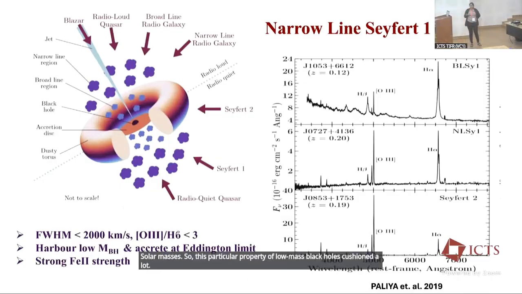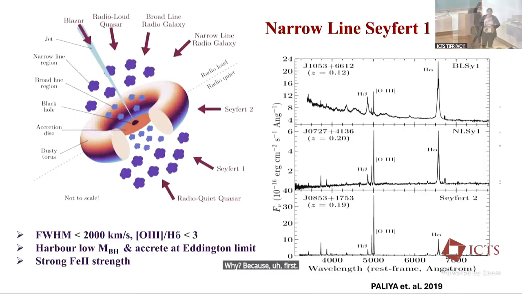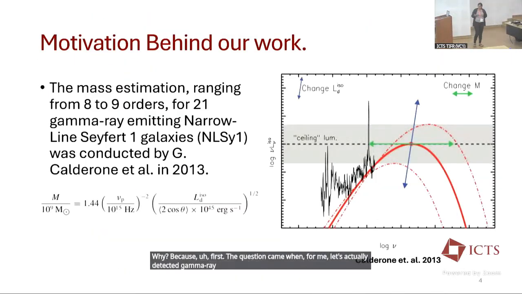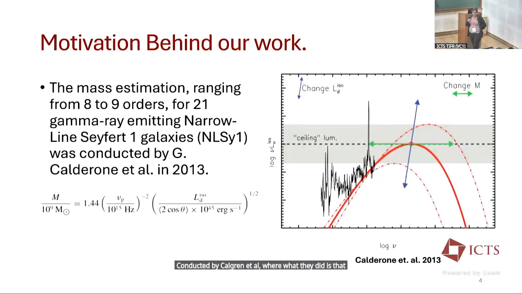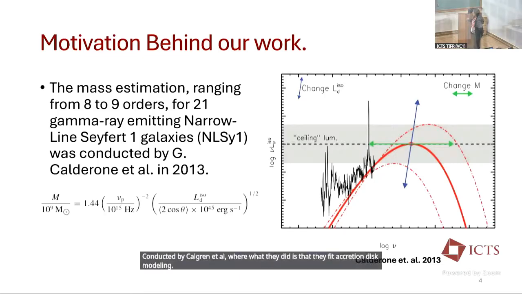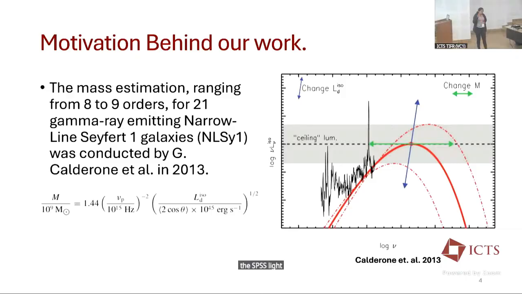Why? Because the question first came when Fermi-LAT actually detected gamma ray narrow line Seyfert 1 galaxies. The masses of this particular class, gamma ray emitting narrow line Seyfert 1 galaxies, were studied by Kale et al., where they fit accretion disk modeling to the SDSS light curve and found the mass.